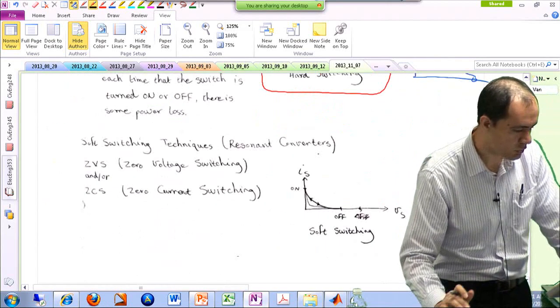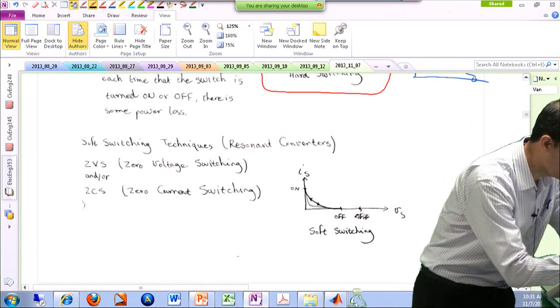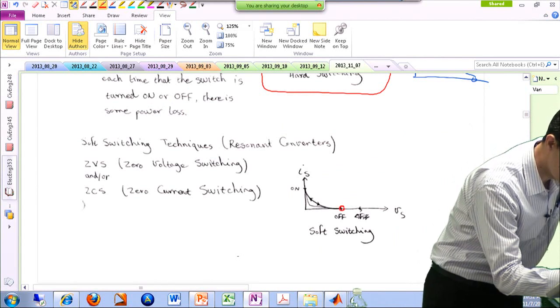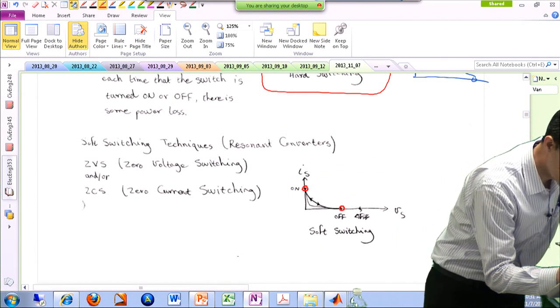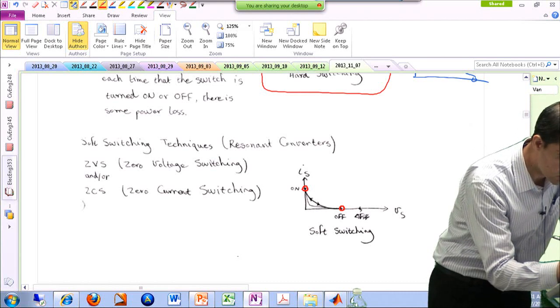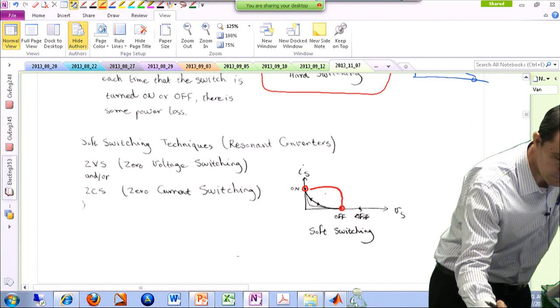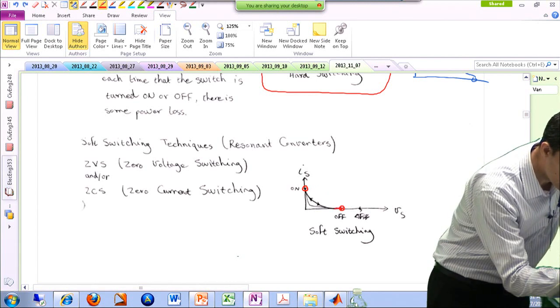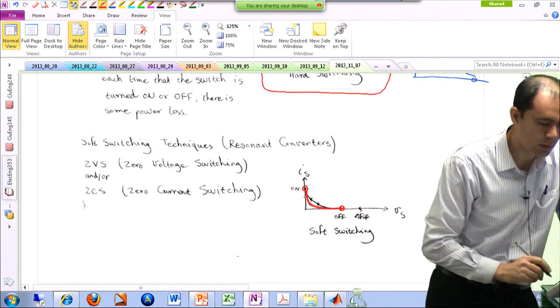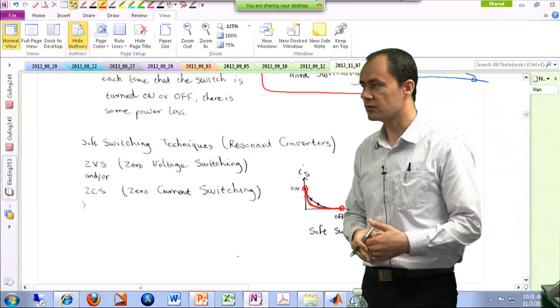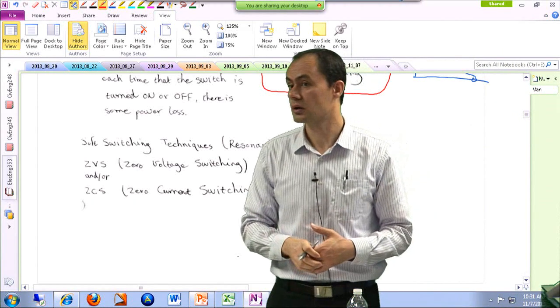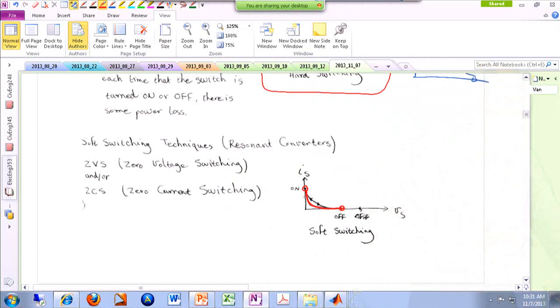But if you manage to do it in a way that, okay, you still have the off position here or on position here, but if you manage, for instance, when you're trying to turn the switch on, your voltage, instead of going this way, to go this way, then you can argue that the area underneath this curve is reduced, therefore your switching losses are reduced. Or during the turn on, the same thing. All right, something like that.